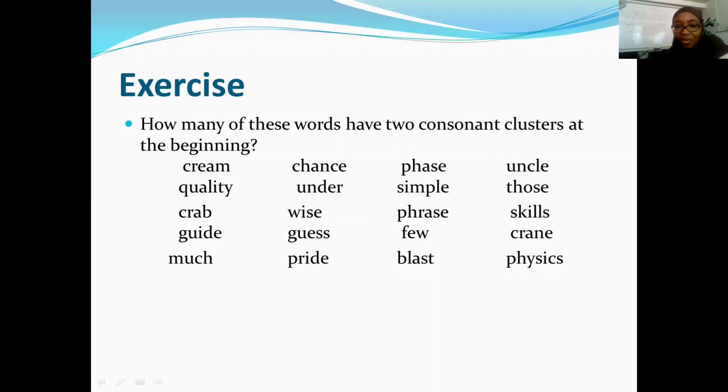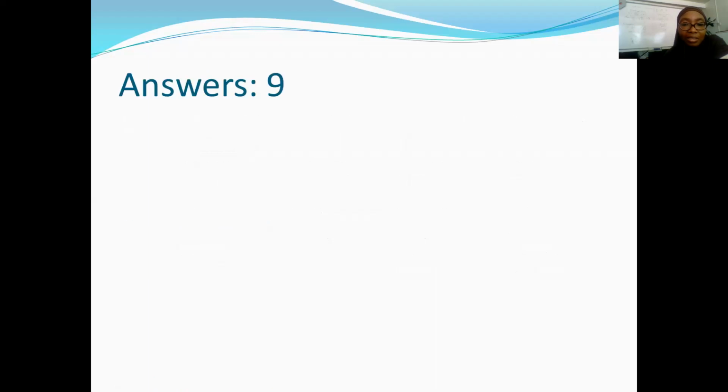See, none of you got it right. We have just 9 words in this exercise with consonant clusters at the beginning.